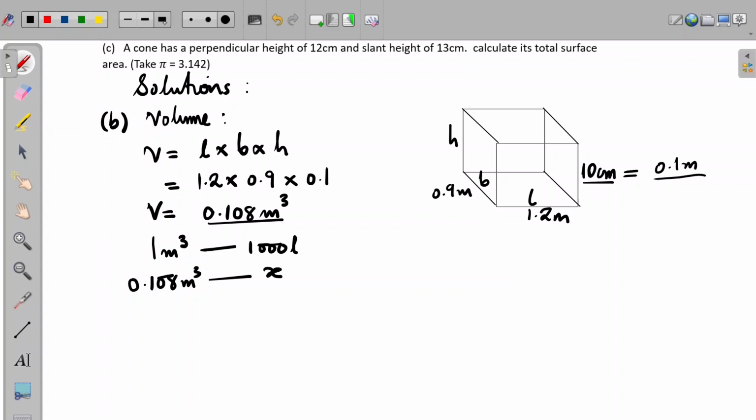We'll say 1 times x, it will be x equals 0.108 times 1000. If you multiply 0.108 times 1000, you are going to get x as 108 liters. So this will be our answer.